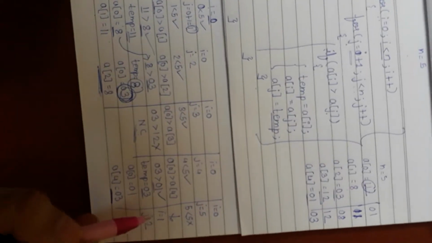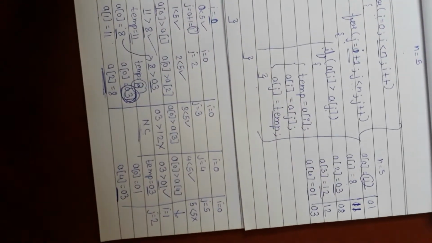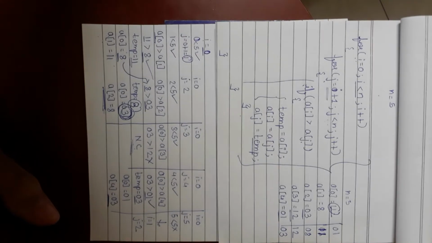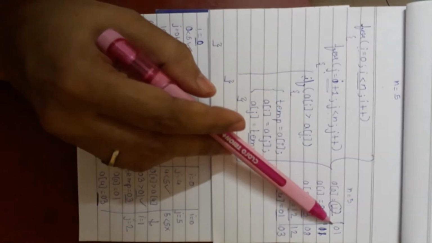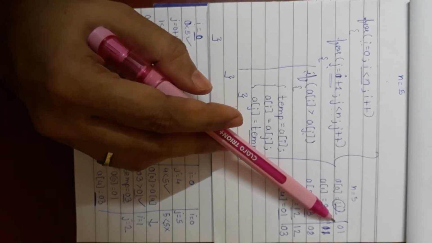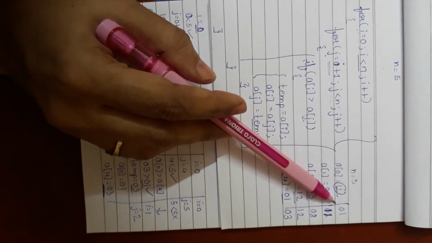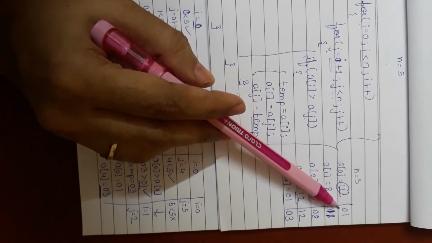And the next iteration means i will be 1 and j will be 2, and again this type of execution will be performed. I hope this is clear to all of you, how the sorting will take place. After each and every iteration, if you notice, we got the smallest number. As they told us, ascending order means we move from the smallest to the largest number. Because of the first iteration we got the smallest number.